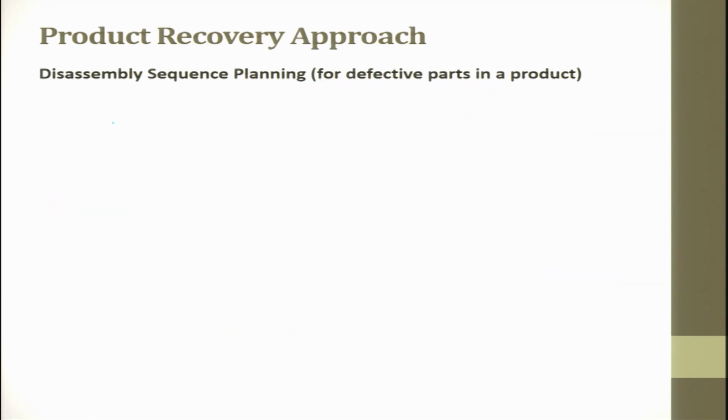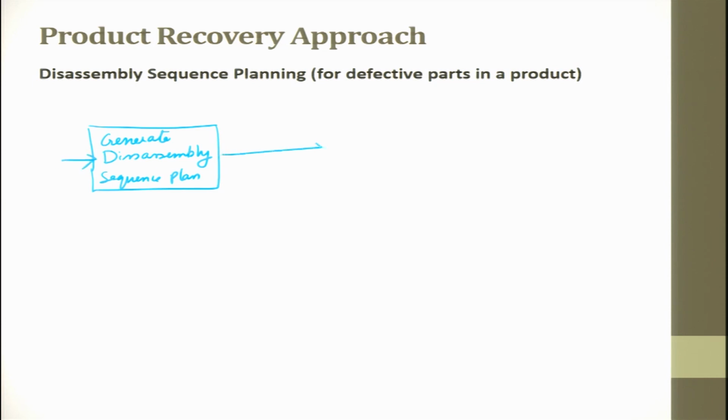When we try to draw a schematic diagram for disassembly sequence planning for defective products, first we generate the disassembly sequence plan. How are we going to remove?